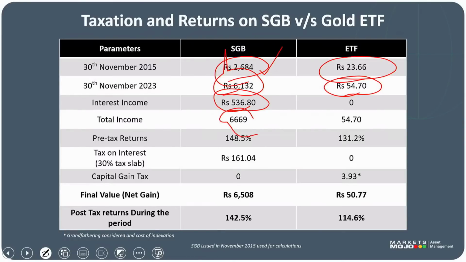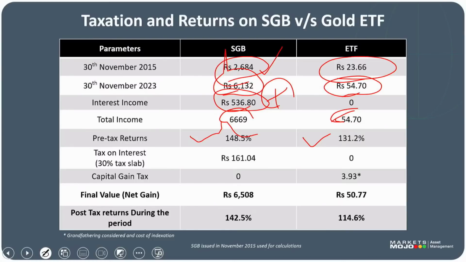Why? 6132 plus 536, I'm adding those two items. While total income is 54.6 only when you invest in ETF. Am I right? So your pre-tax return on SGB is 148.5% versus ETF of 132%. In other words, SGB at the pre-tax return scores over the ETF.